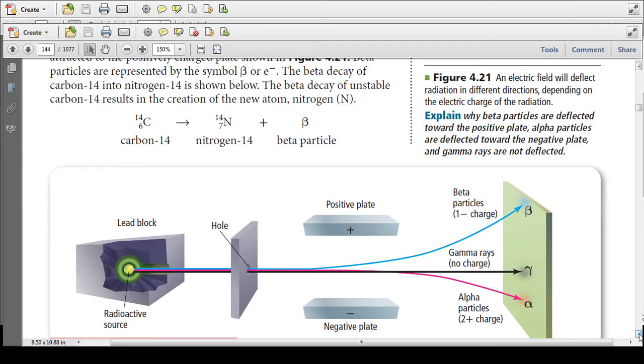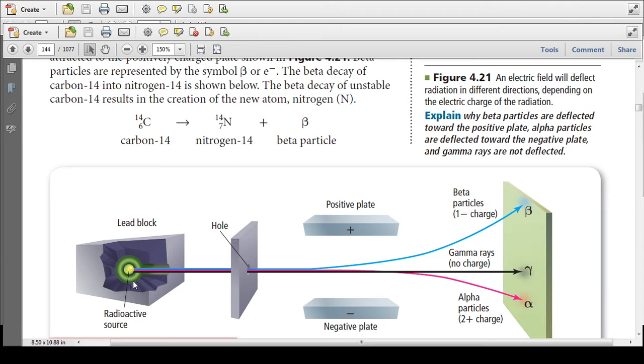So here's an example of how the different types of radiation were discovered. Within a lead block was a radioactive source, and it was shot through a tiny, tiny pinhole.